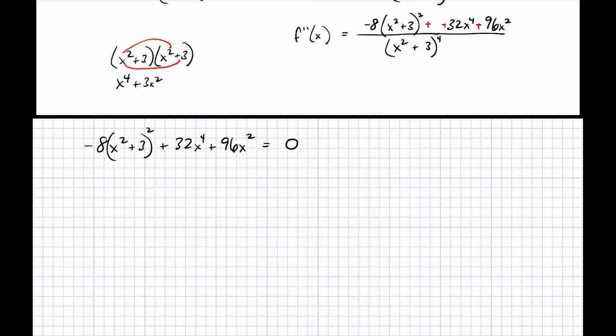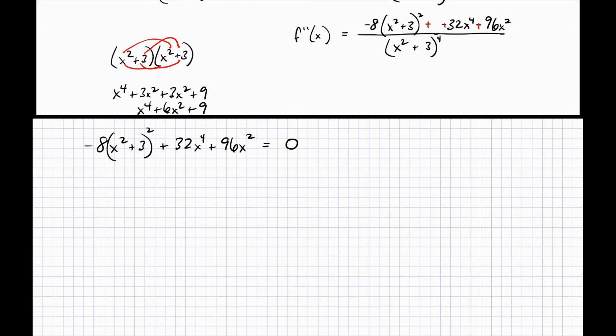Multiply the inside terms, I get another 3x squared. Then multiply the last terms, I get positive 9. So when I combine, I get x to the 4th plus 6x squared plus 9. That's what I'm going to plug in for that.